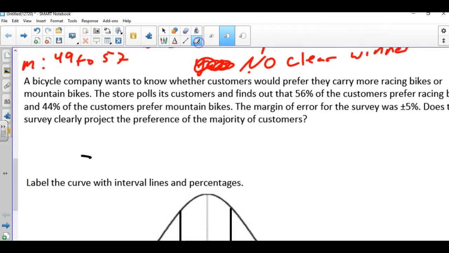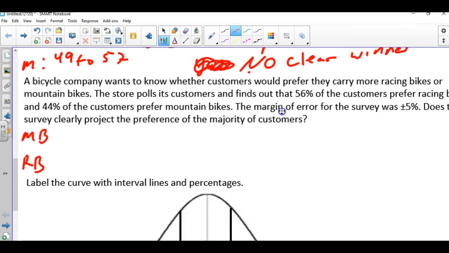Take this next example. A bicycle company wants to know whether customers would prefer to carry more racing bikes or mountain bikes. The store polls its customers and finds that 56% of the customers prefer racing bikes and 44% prefer mountain bikes. The margin of error is 5%. Does it clearly project the preference?